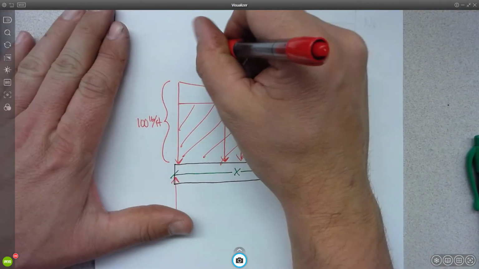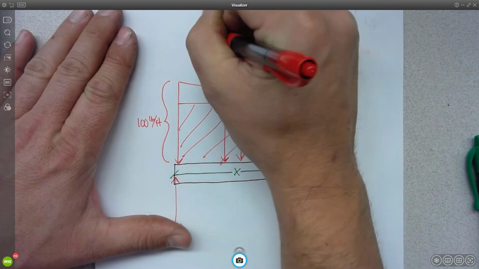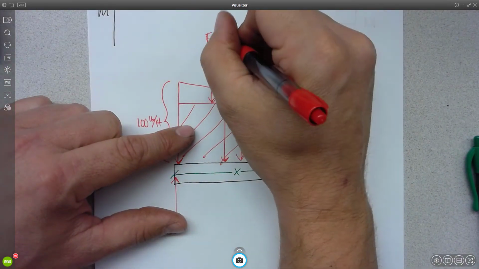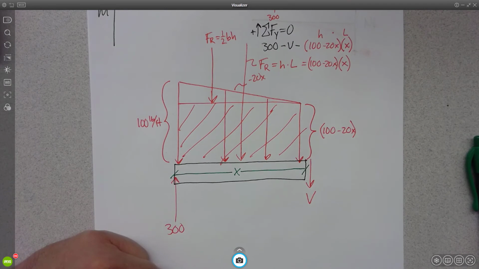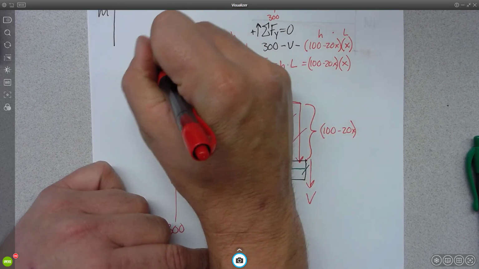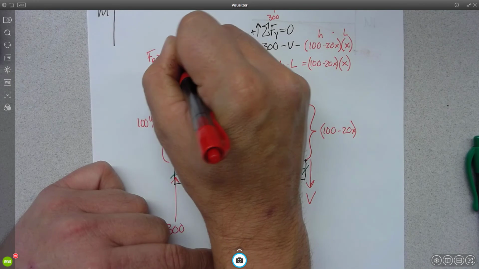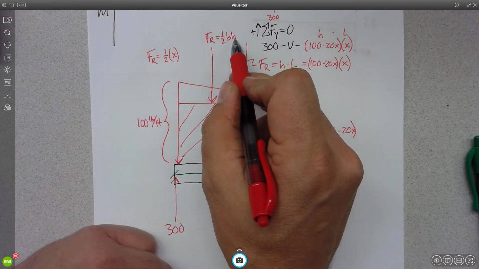Now I need to do the same thing for this triangle right here, where you could agree with me that it'd be 1/2 the base times the height, right? Well, the base is the easy part again. 1/2 the base is x. What's the height? Oh, man.